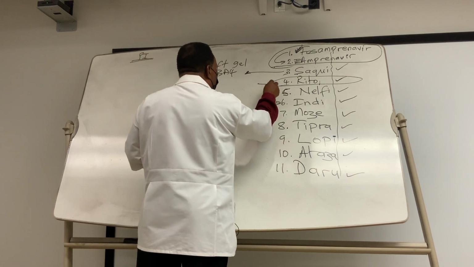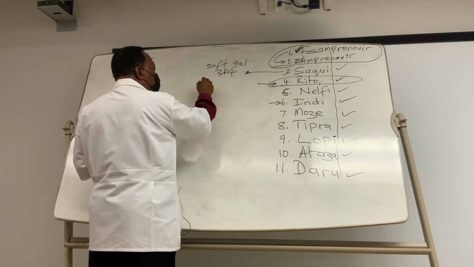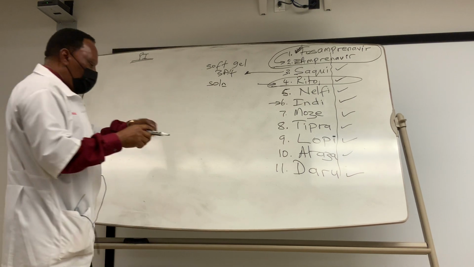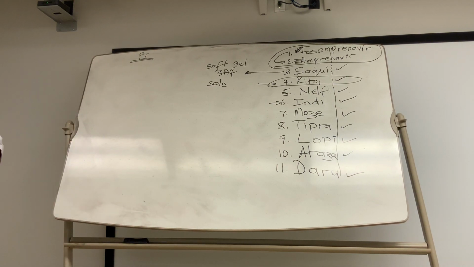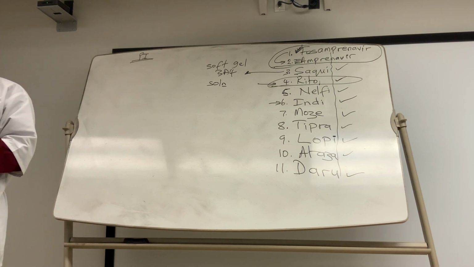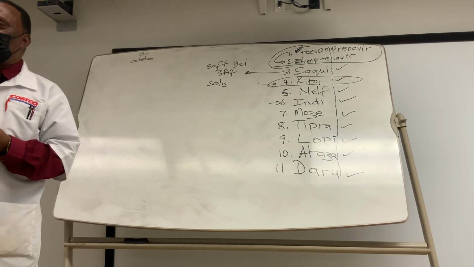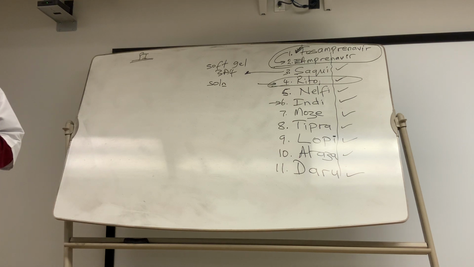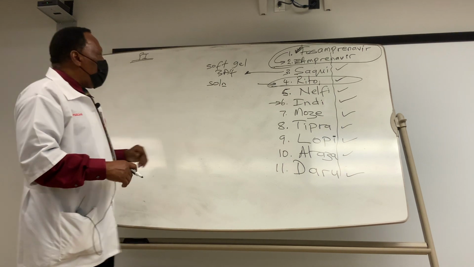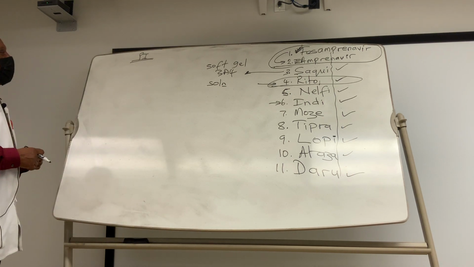Okay, ritonavir, you can see it in the oral solution form. The oral solution form should be refrigerated, and it doesn't taste too good, if you will. So you have to give it with, say, a chocolate drink or any sweet thing that can make the taste acceptable.